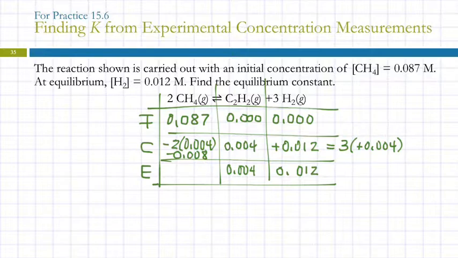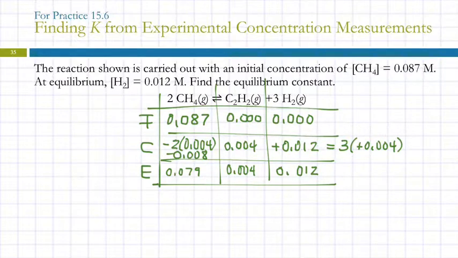Do the math. Do not be afraid to do simple math on your calculator, because, you know, we make mistakes when we do the math in our head. At least check yourself. So this one's 0.079. Everybody with me so far?